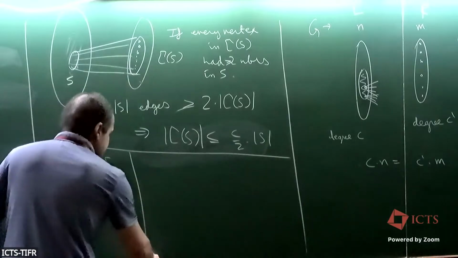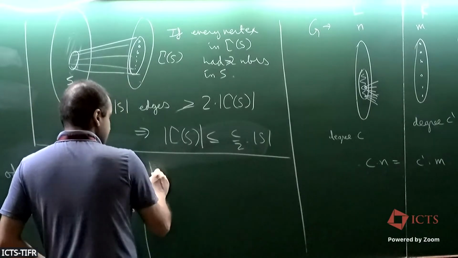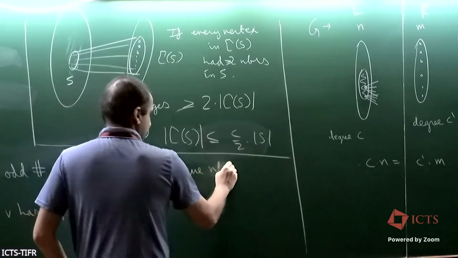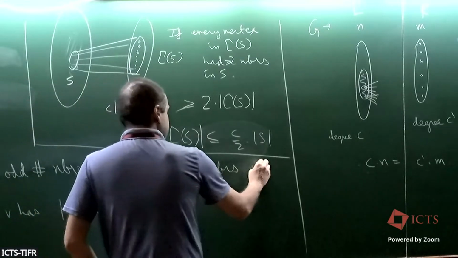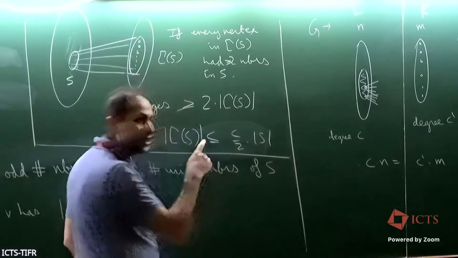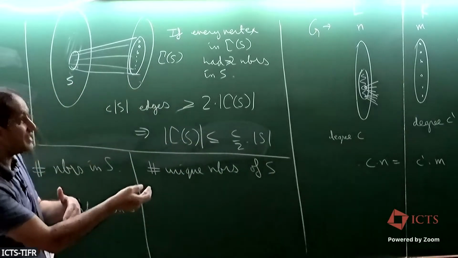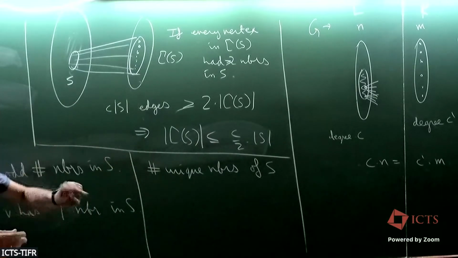In fact, more is true, and we will need it soon. The number of unique neighbors of S. What is a unique neighbor of S? It is a neighbor of S which has exactly one neighbor in S. I'm using neighbor in both directions.